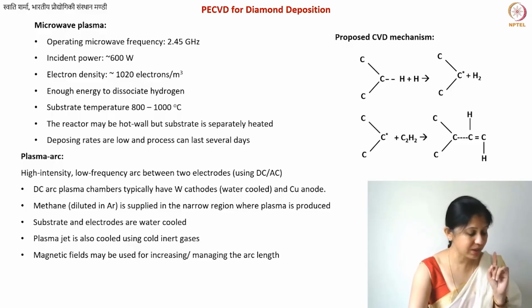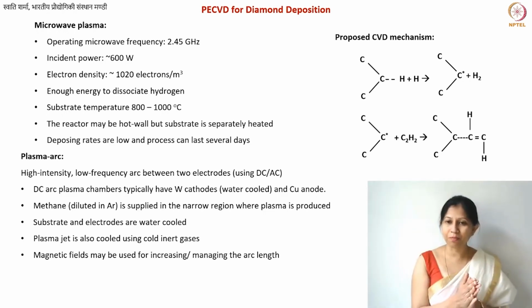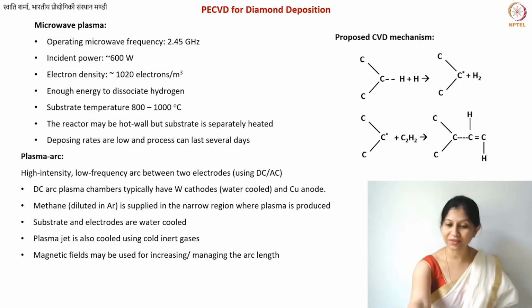What you can also do is sometimes you need to increase the length of your arc, or even the shape, you can make it a helical arc. So you play with the shape and size of your arc with the help of magnetic fields. So you can also have certain magnetic fields inside your CVD chamber.